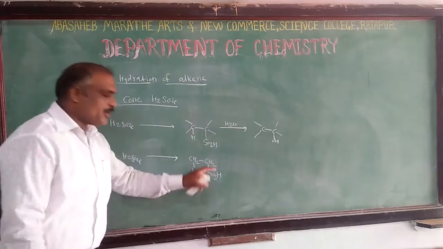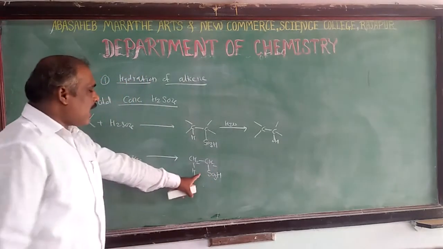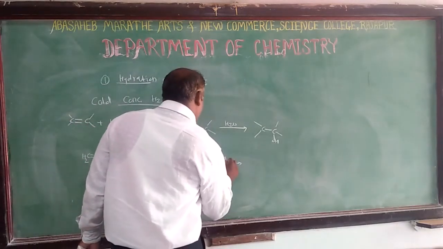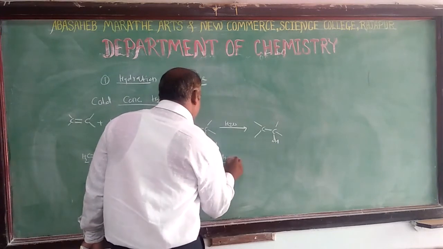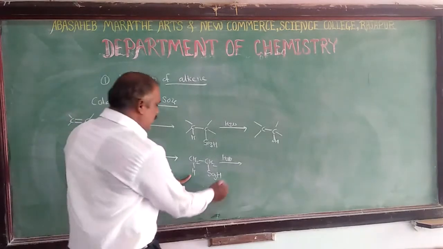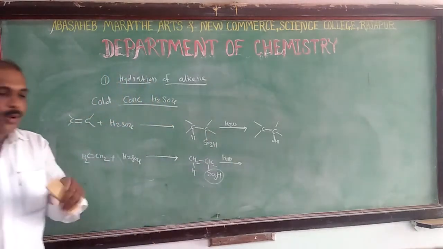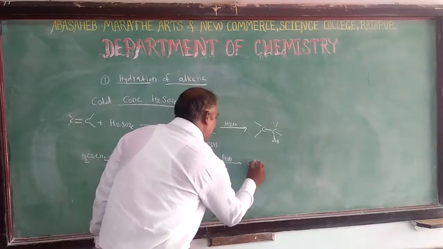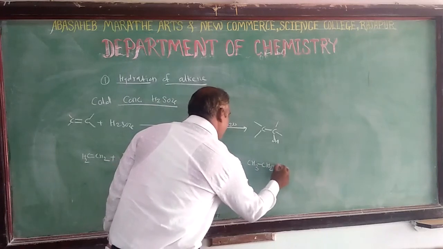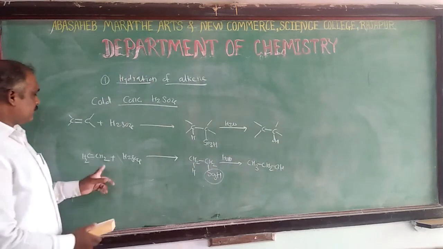And after formation of this, it is an alkyl hydrogen sulfate. Then H2O hydrolysis to get the product, SO3H replaced by the OH. So the product is CH3CH2OH. Product is ethyl alcohol, right?